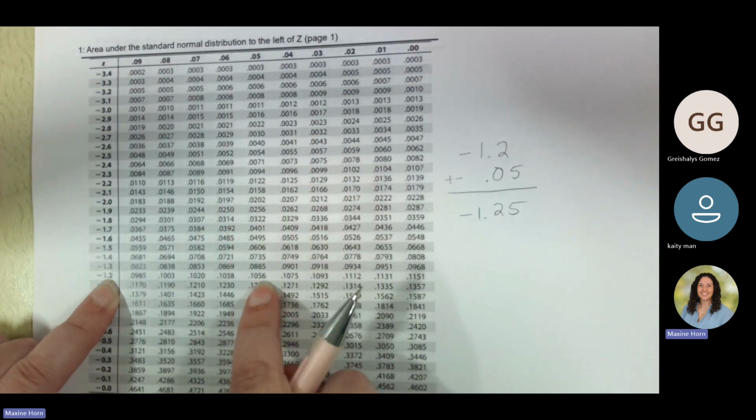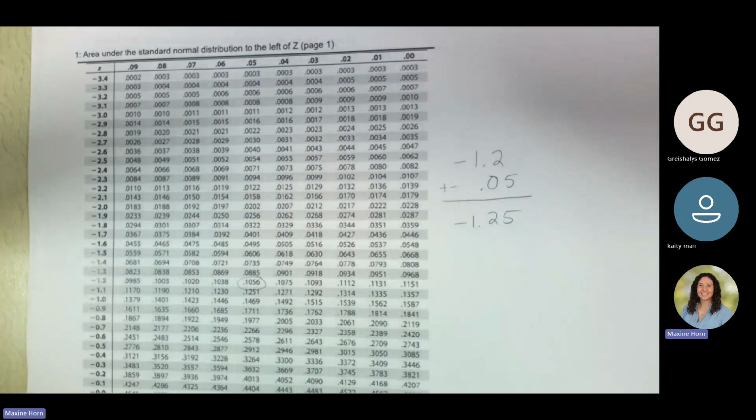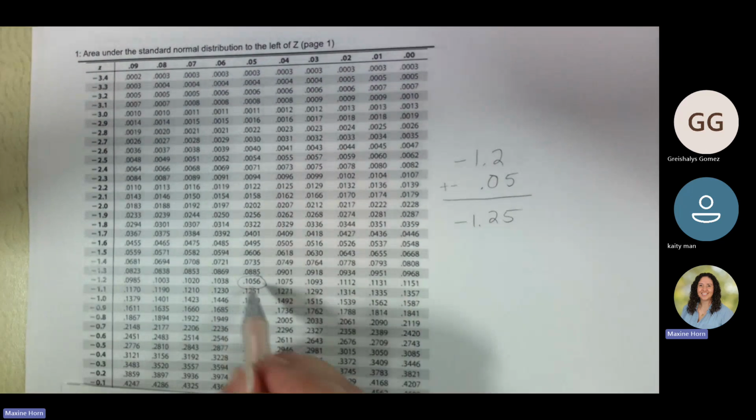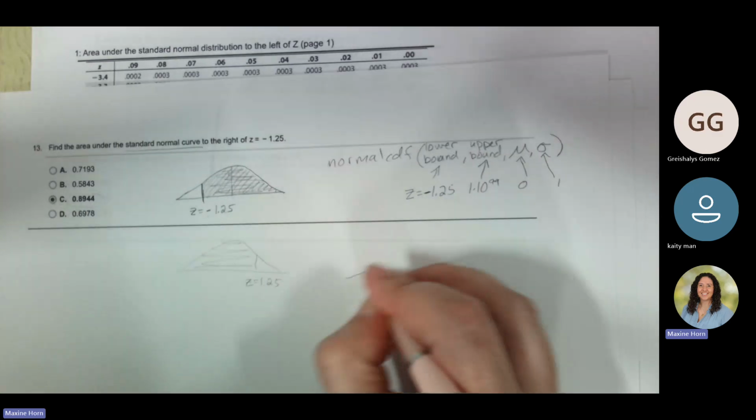Okay, negative 1.25, and we get this right here. And we say, okay, great, but what did that just give me? What is this area?